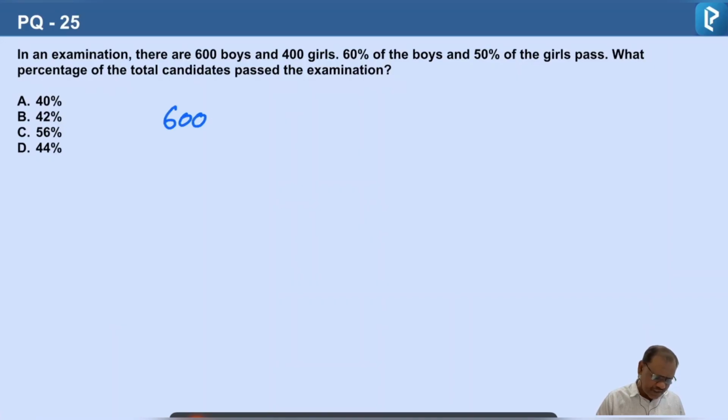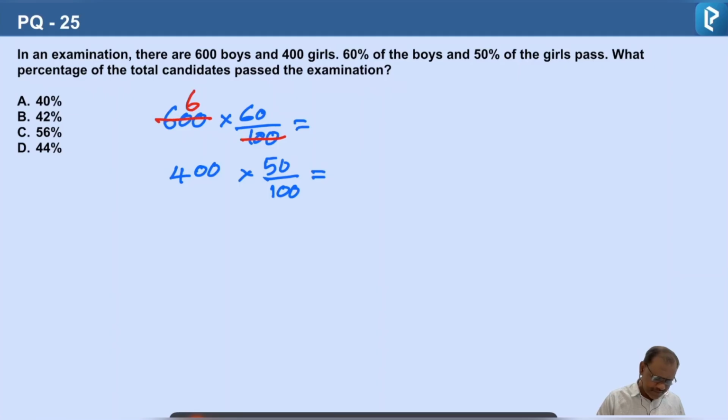Out of this 600, 60% passed the examination. Out of 400 girls, 50% passed the examination. Simplify and find out how many boys and girls passed the exam.